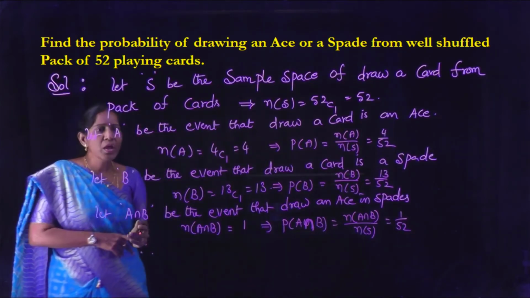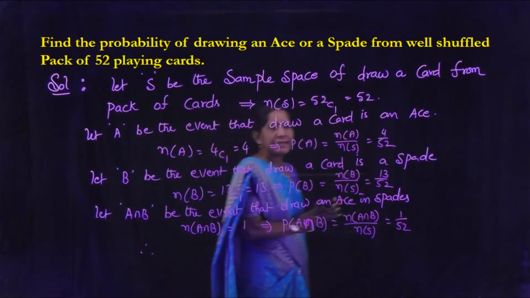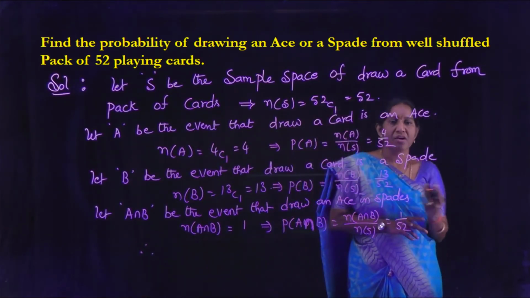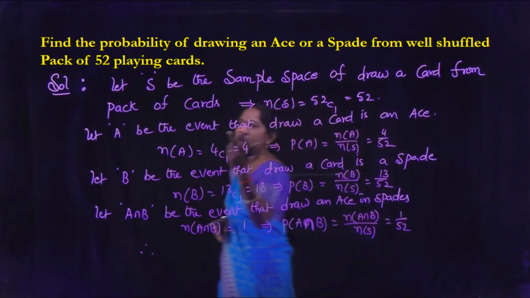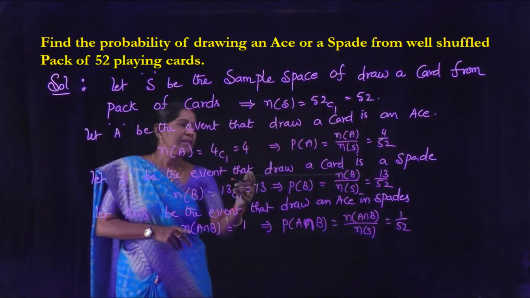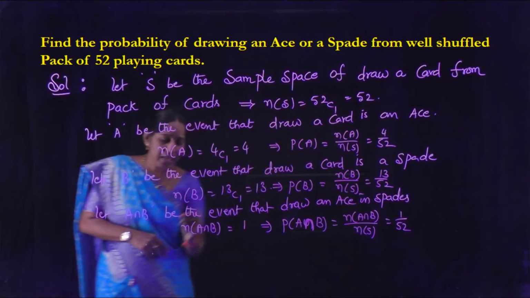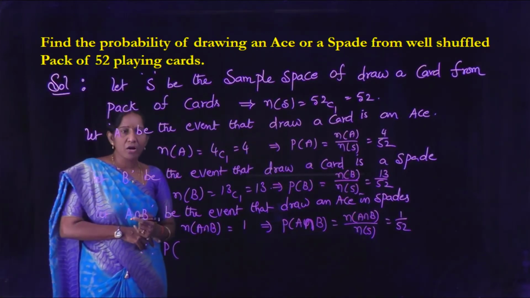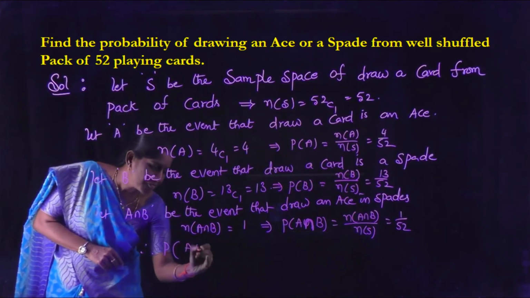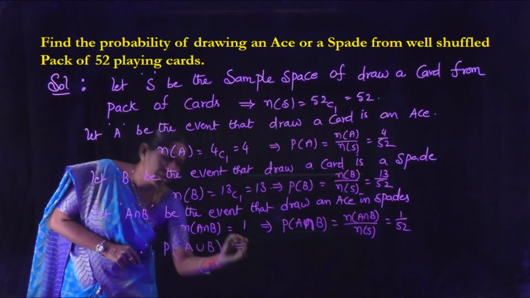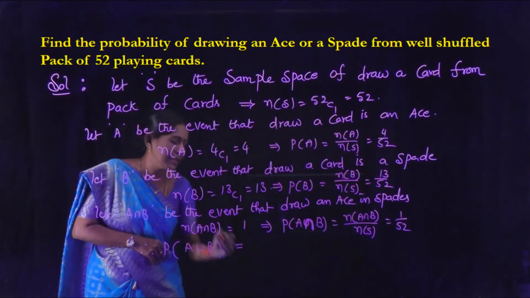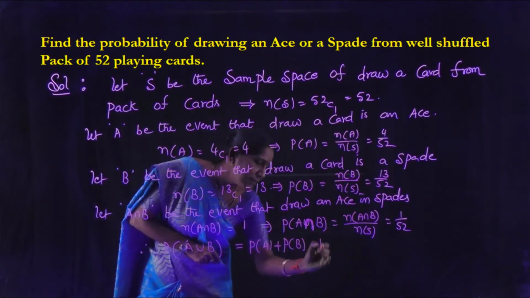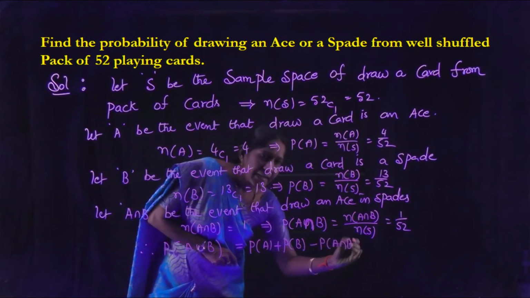Therefore, we have to find the probability of drawing an ace or a spade from the pack of cards. So A is the event that we draw an ace and B is the event that we draw a spade. So we have to find the probability that A or B, denoted by P of A union B. Therefore P of A union B is P of A plus P of B minus P of A intersection B. Write all the values.